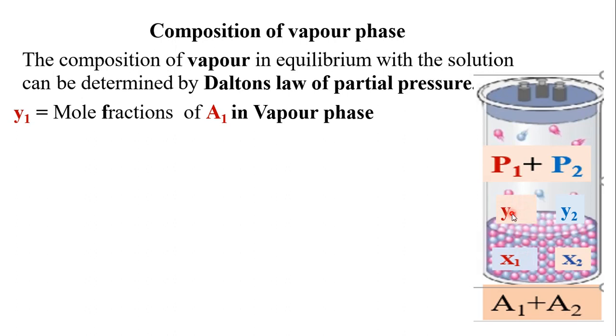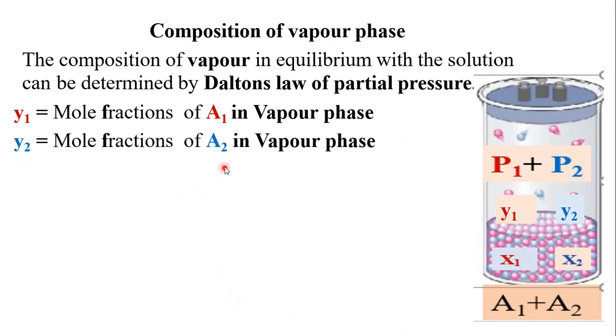Y1 is the mole fraction of A1 in gaseous state or vapor state, and x1 is the mole fraction in liquid state. Like that, Y2 is the mole fraction of A2 in vapor phase.